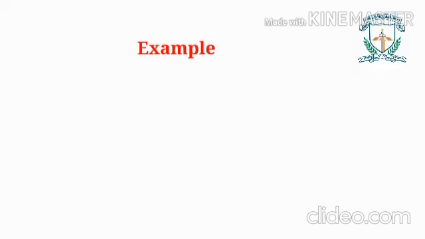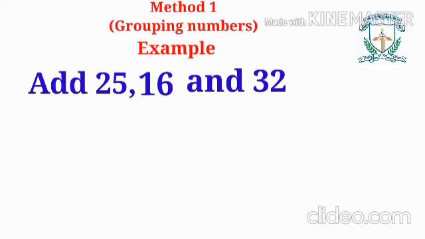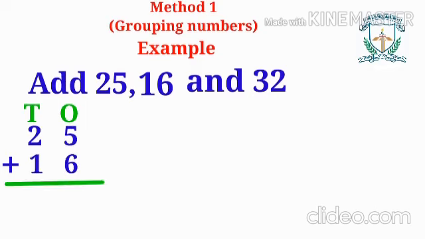Let's take one more example. In this example, we have taken these three numbers, 25, 16 and 32, to add using different methods. Let's add these numbers by using method 1. Here we have to add the first two numbers, that is 25 and 16, to get the sum.